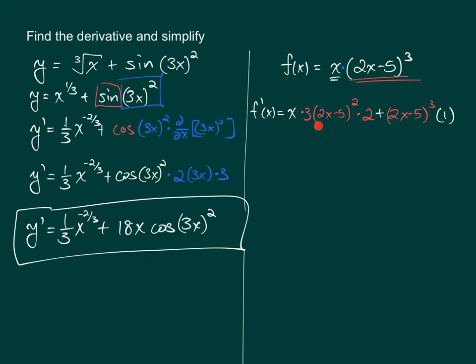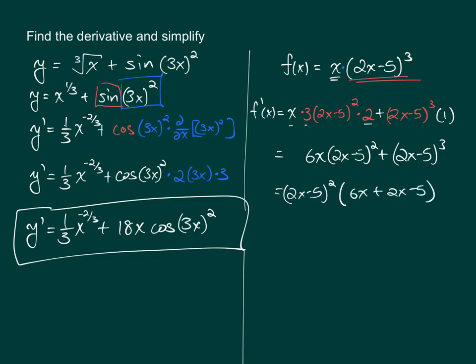So we need to multiply those together and get the f prime of x equaling 2 times 3 times x is 6x times 2x minus 5 squared plus 2x minus 5 cubed. The only thing I can do from here is factor out a 2x minus 5 squared. So this will equal 2x minus 5 squared times 6x plus 2x minus 5.